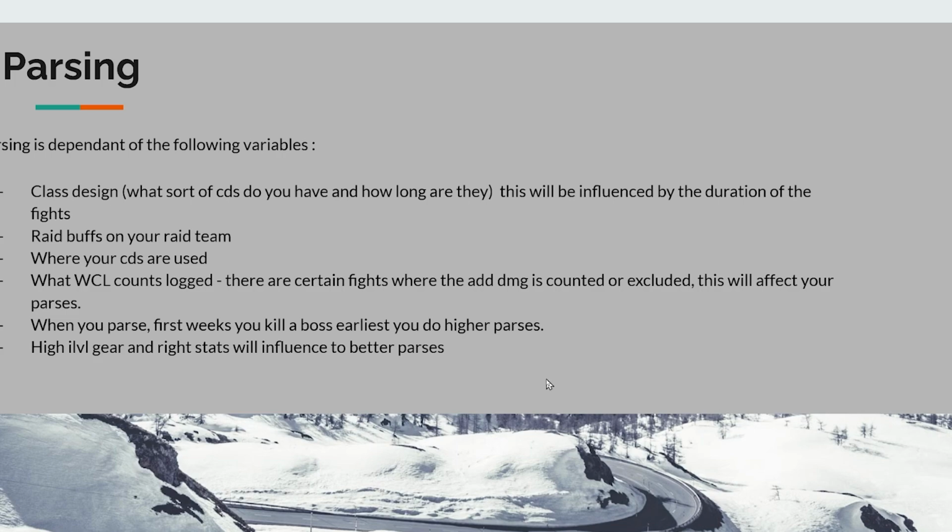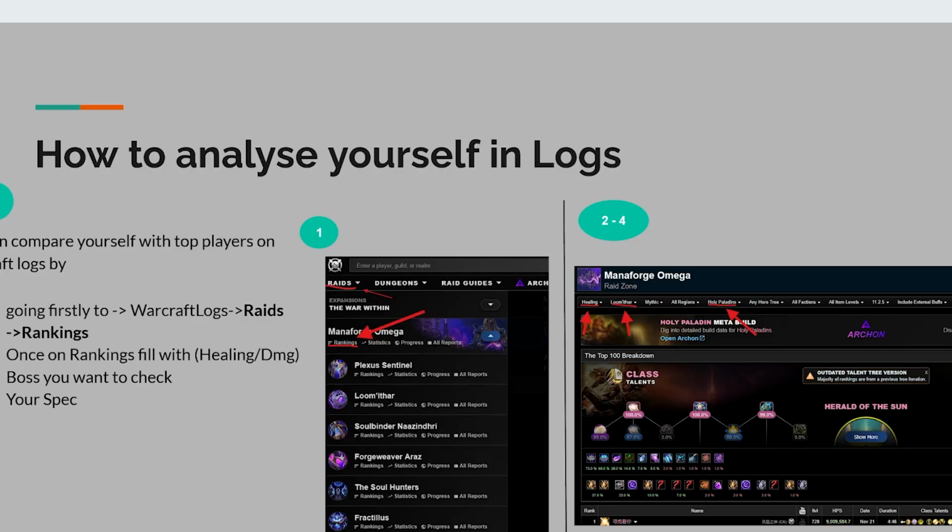I will go through right now how you compare yourself, specifically on your spec on a specific fight that you want to do better on, like in raid, because they're telling me, oh no, I'm doing low healing, or I'm doing very bad parses, how can I be better?